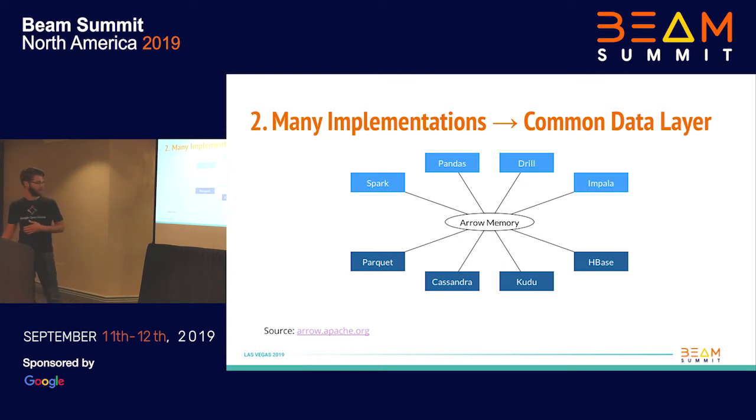So instead of wasting cycles on serialization and deserialization, you just move the data around. You'll notice there's a lot of Apache projects on this graphic that just happen to be on the Arrow website. The only one that's not is Pandas, but Beam is also missing from there. So I think we should get that on the chart.